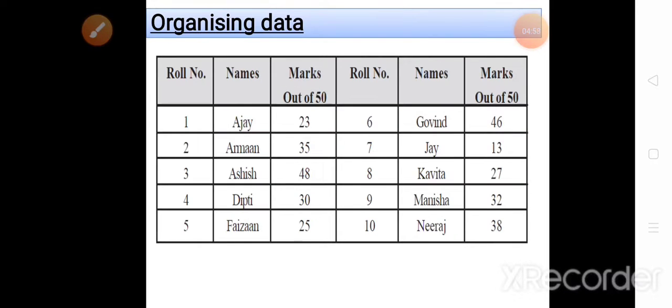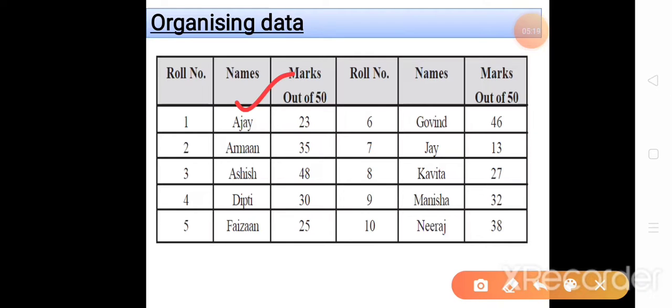As you can see, there is a table where the roll numbers of 10 students along with the names and their marks in a particular subject have been given out of 50. Now, this table is giving us information regarding the marks scored by each of the students, from roll number 1 up to 10.